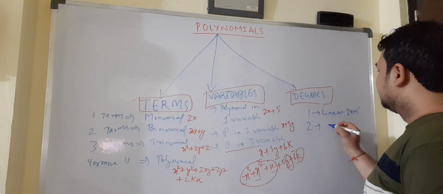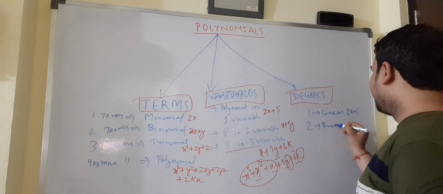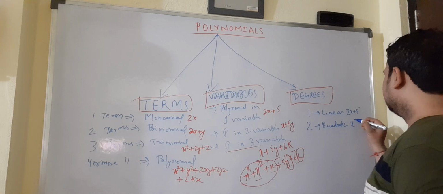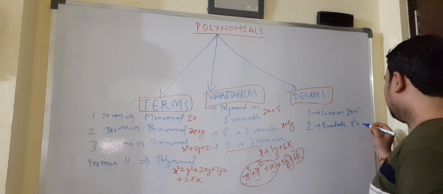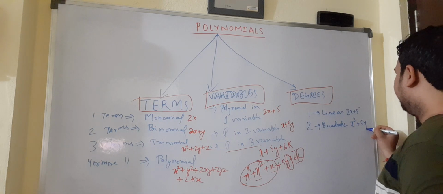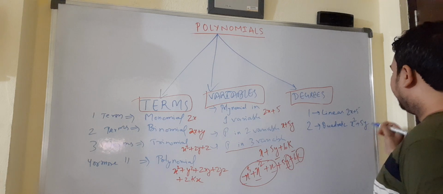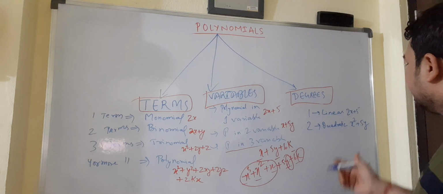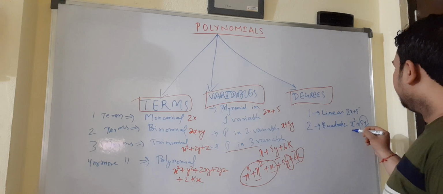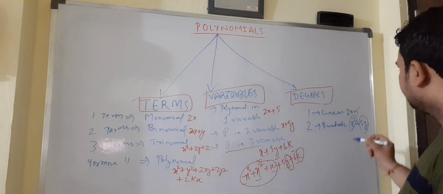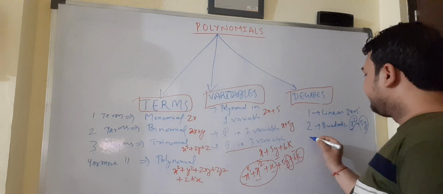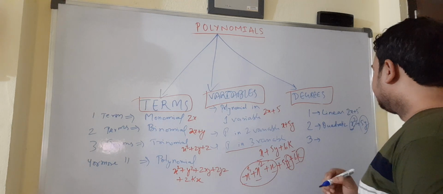So the degree 2, the name is quadratic. x square plus 5y. This is a quadratic polynomial. This is a variable. This is also a variable. The highest power of variable is 2. We have not exceeded it.